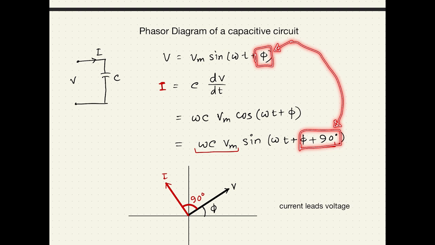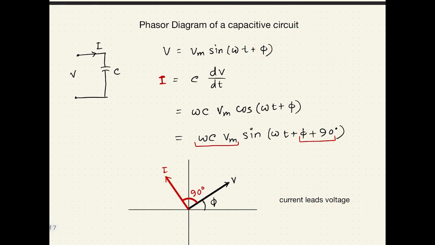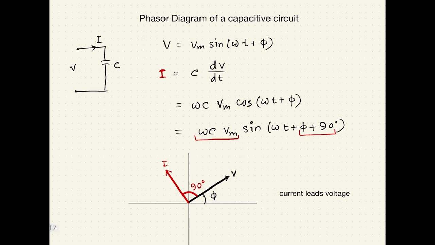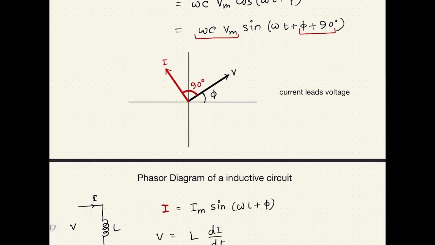In electrical terms, this is called the current leads voltage by 90 degrees. That's why we have put V here, and then we have put I 90 degrees counterclockwise of V. So from this manipulation, we find an interesting finding that in capacitive circuits, current leads voltage.